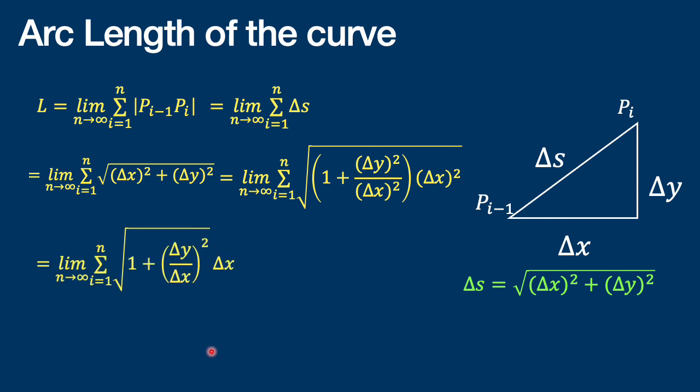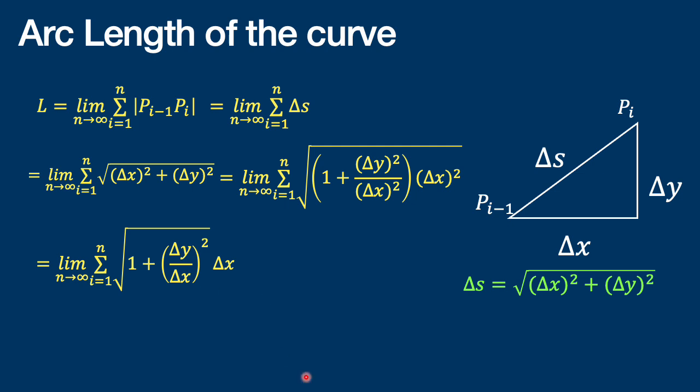So we have the limit of the summation of the square root of 1 plus (delta y over delta x) squared, times delta x.